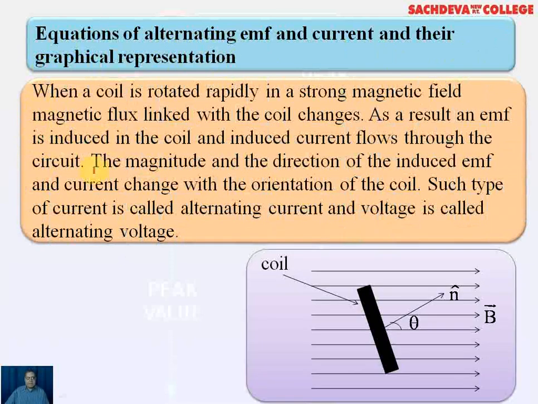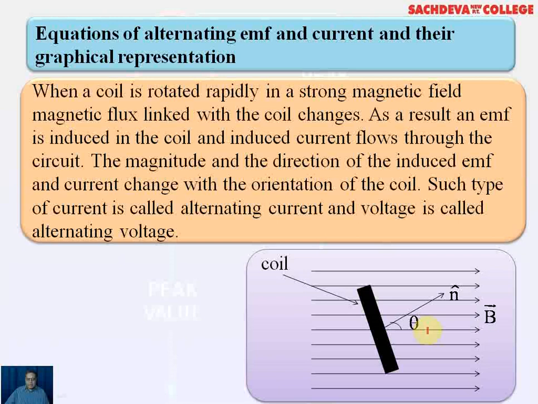So, what we find in the figure is a coil indicated in dark shade, and B is the magnetic field, the direction of the lines of forces, and theta is the angle between the normal and the direction of the magnetic field.